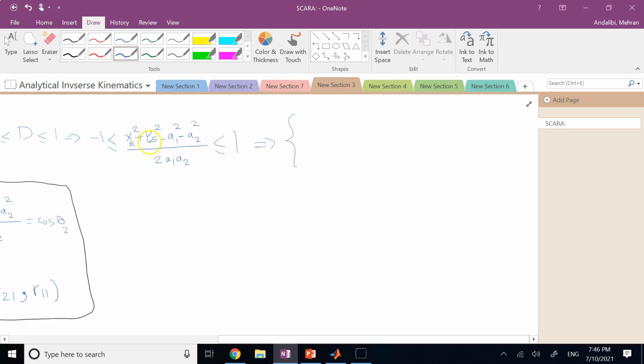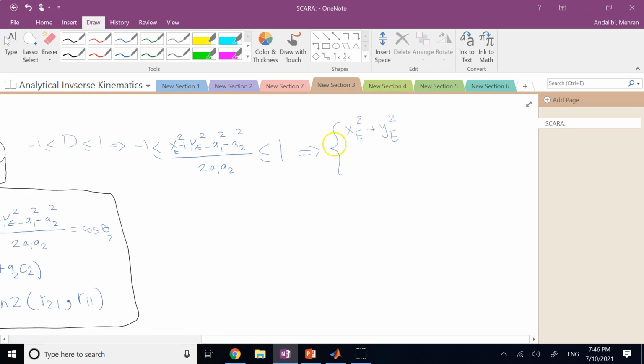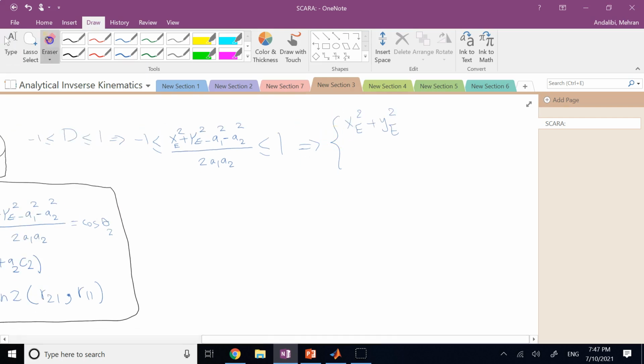One of them is that xe squared plus ye squared, or in this case c, right? We call it c, not e.